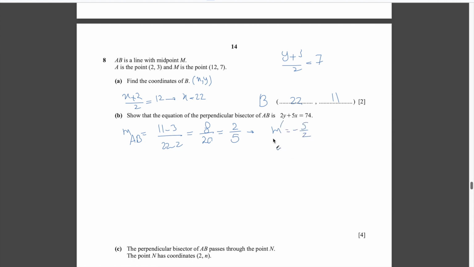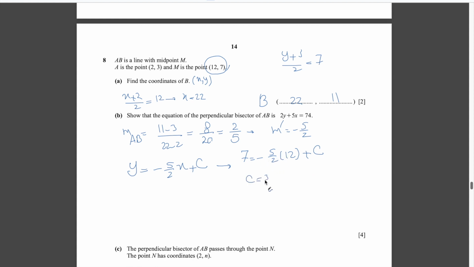So we have the gradient of perpendicular, coordinates of the midpoint, which is (12, 7). So I write y is equal to minus 5 over 2 x plus c. Now I replace the midpoint. So 7 is equal to minus 5 over 2 times 12 plus c. It will become 5 times 12, 60 minus 30.